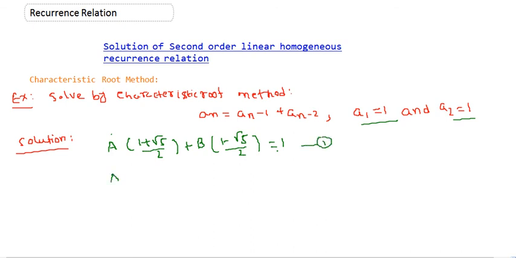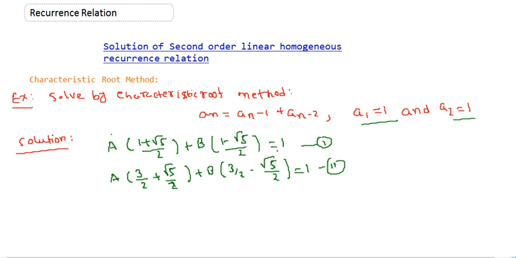And here we have the equation: a into (3 plus root 5) by 2 plus b into (3 minus root 5) by 2 gives us 1. So equations 1 and 2. If you solve these two equations, you have to comment below what you get. So please comment after solving these two equations.